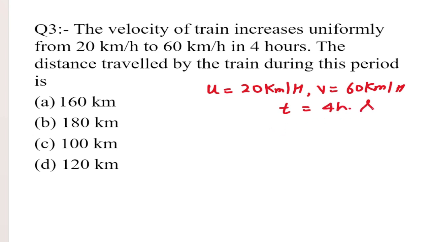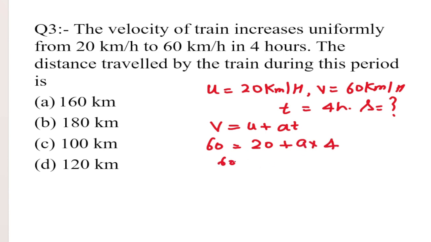Calculate distance covered by the train during this time interval. So to find the distance, first of all, we find the value of acceleration by using first equation of motion. V 60, 20 plus A, find out करना है, time is 4 hours.